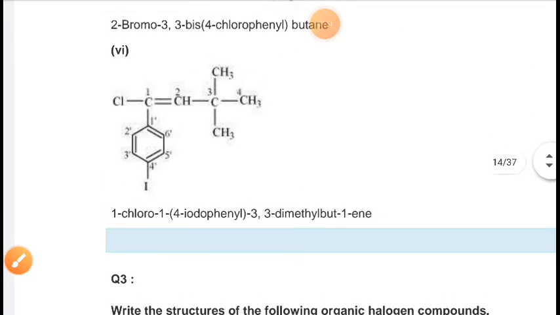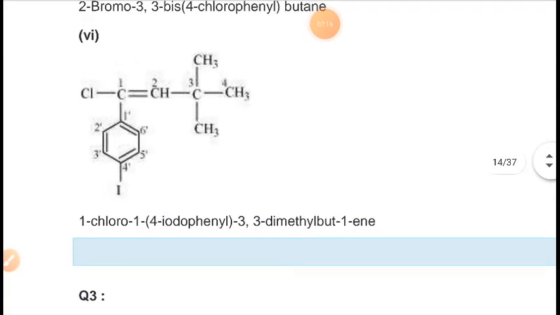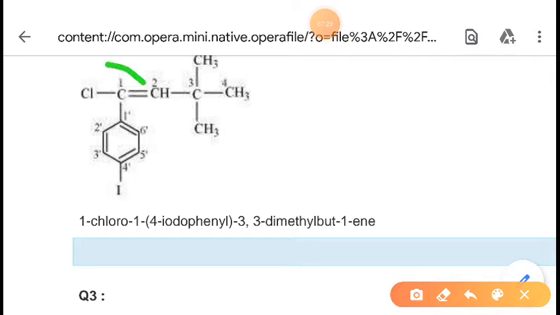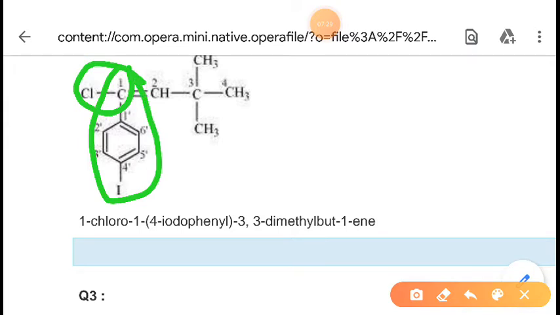Now next, last one. This is 1 chloro 1, and this is 1 chloro. In the first position you can see here 1 chlorine is attached. Okay, and in the one place one phenyl group is also attached, which is carrying iodine. And in the third position you can see 2 methyl groups are there, and how many carbon? 1 2 3 4, 4 carbon but.